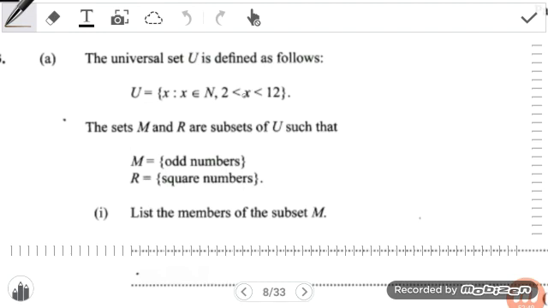In math the colon means such that. Colon means such that. A comma in math means where.